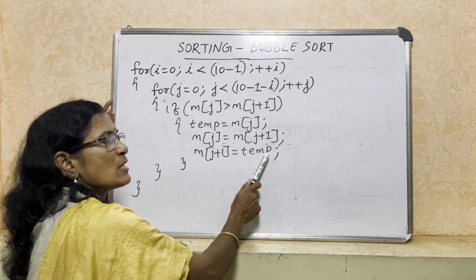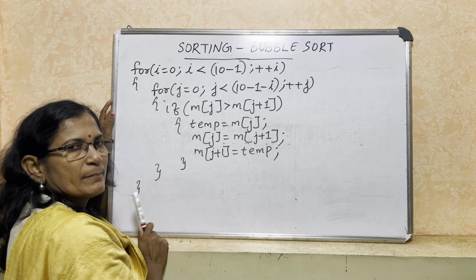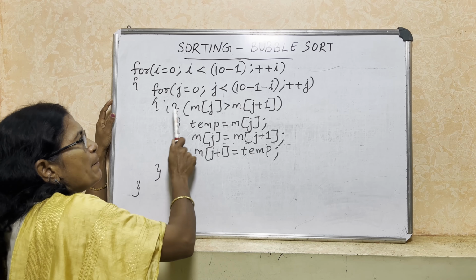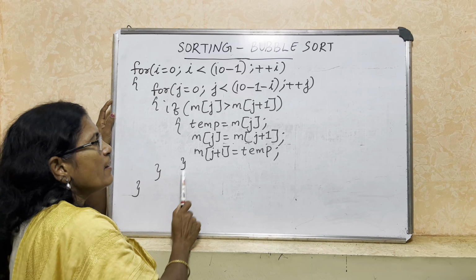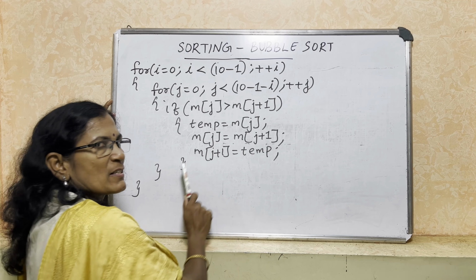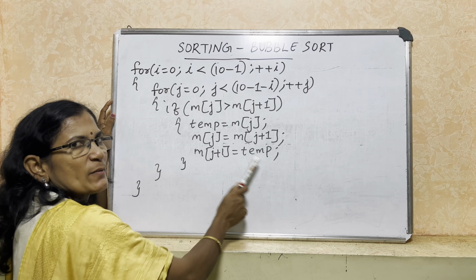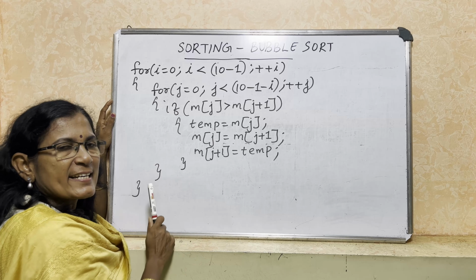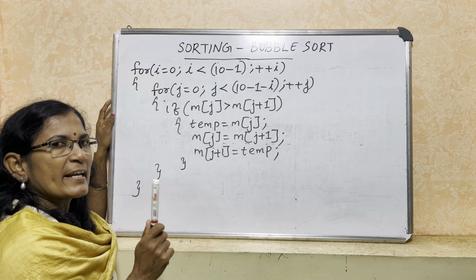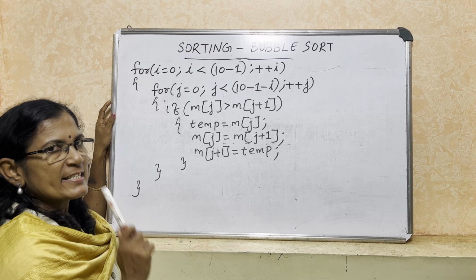To the second storage location, assign the value of temp. So, if m of j greater than m of j plus 1, temp is equal to m of j, m of j is equal to m of j plus 1, m of j plus 1 is equal to temp. When this nested loop completes all its iterations, you will get the array sorted in the ascending order.